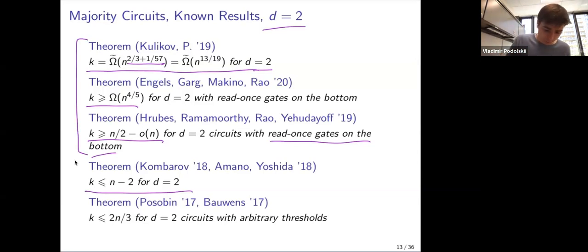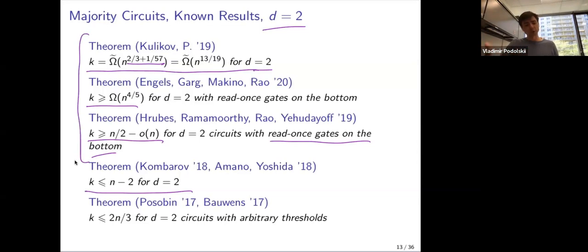Sorry, I am talking about lower bounds. Actually, the first two results are up to the constant, and for the third, it doesn't really matter. As far as I remember, I think it doesn't matter in the third result as well.